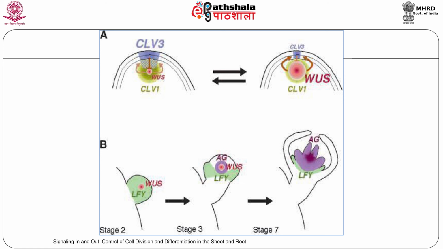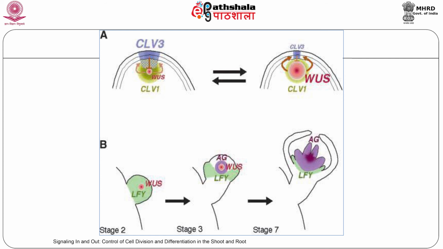The meristem identity gene LFY is expressed throughout the primordia, whereas WUS is expressed in the center to reserve a stem cell population for later developmental stages.